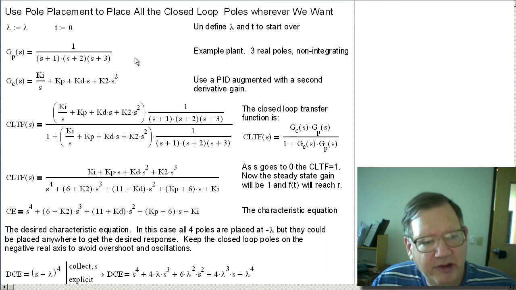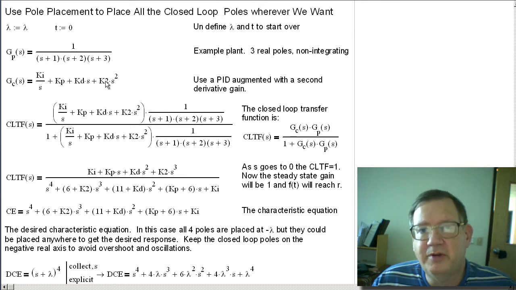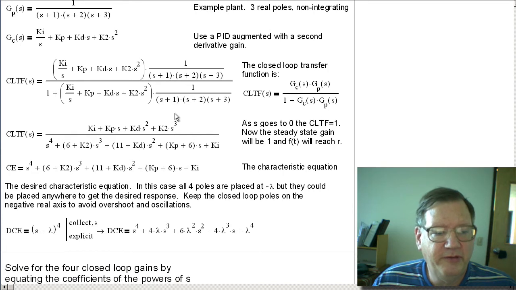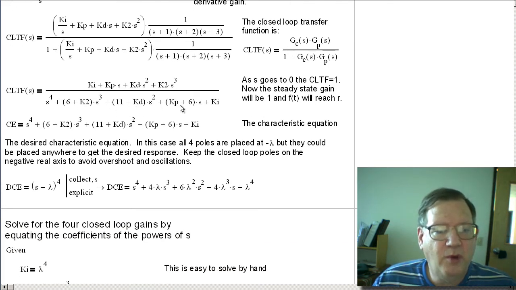So here is our open loop plant again. This is our controller, and notice it's a PID with a second derivative gain. This is the closed loop transfer function, and this is the characteristic equation.